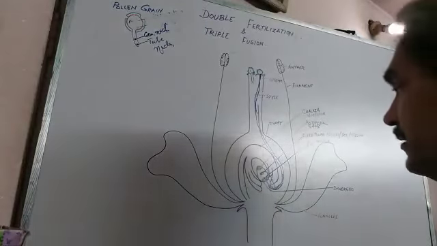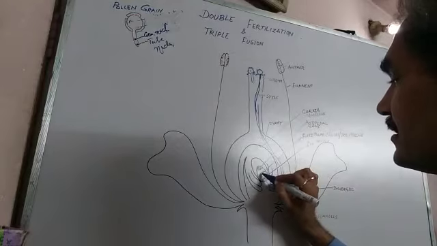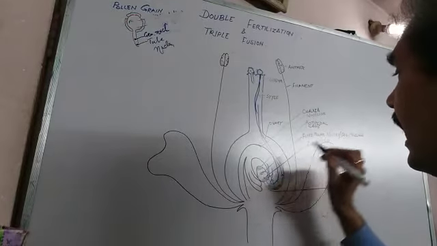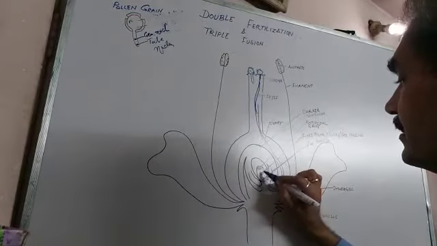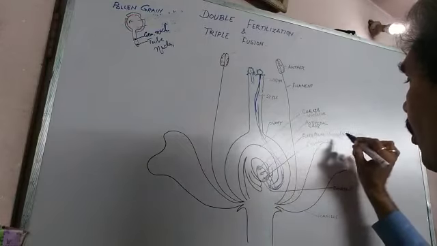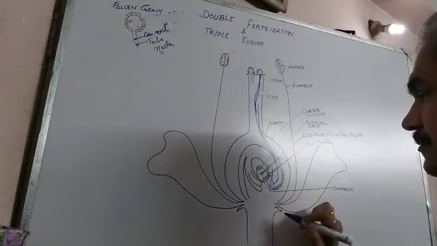Now, you see, this is the definitive nucleus or secondary nucleus.